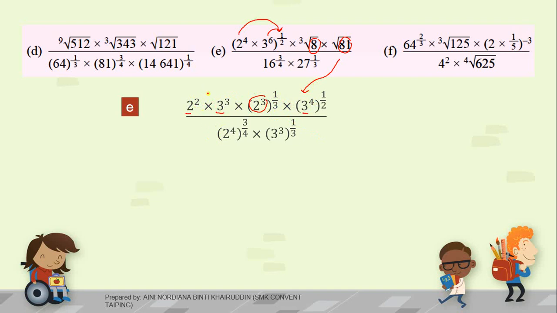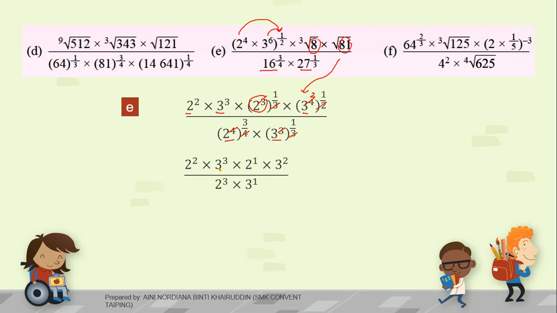So for the denominator, 16 changes to 2 to the power of 4 here. And then 27 changes to 3 cube. Okay, this one, simplify this, then you get this. Same goes to the denominator.